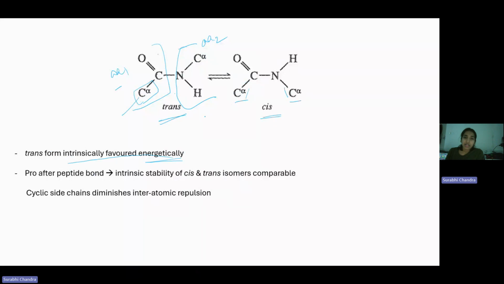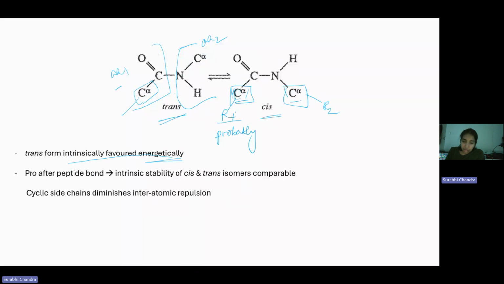Now this must be definitely probably because of lesser, see here, this isn't only C alpha, it has H and other R groups attached to it. All right, suppose this is one amino acid, this is another amino acid.